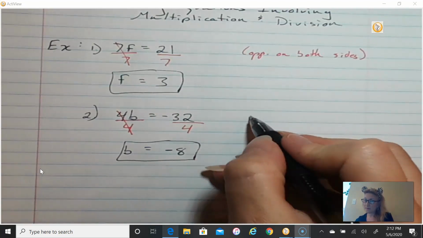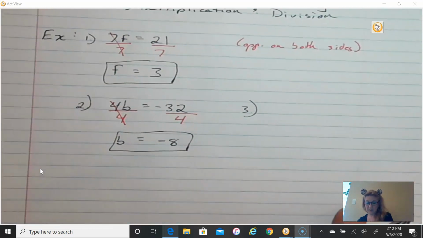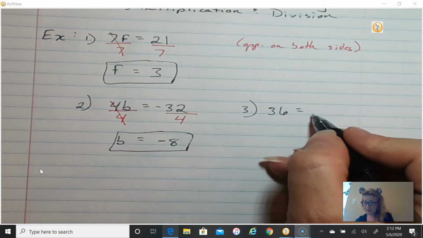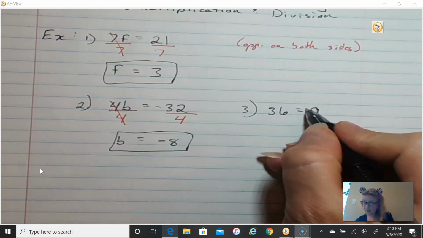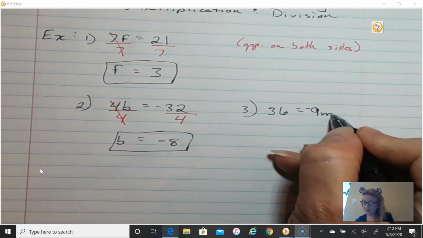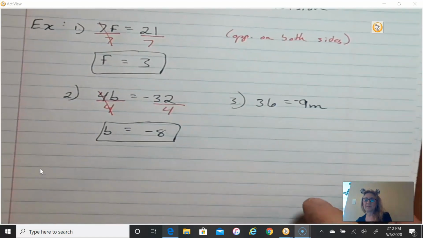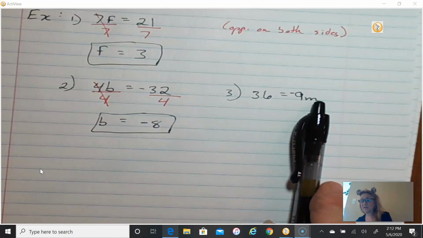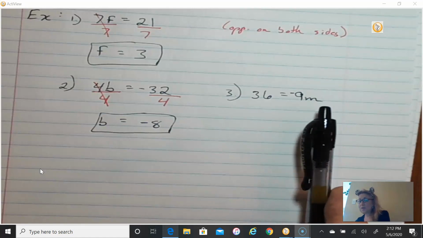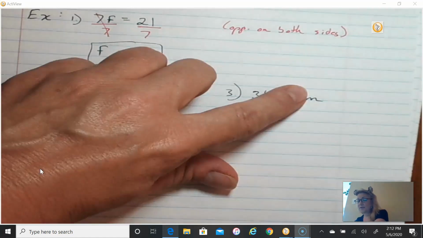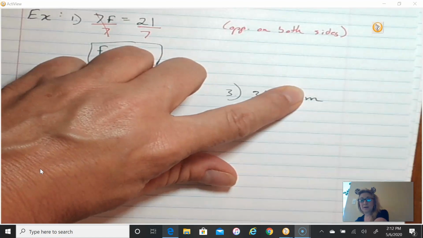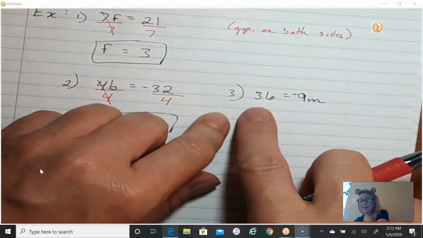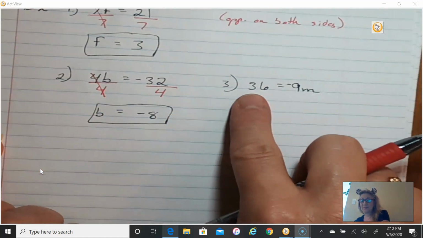Let's do another. 36 equals negative 9 times m. Okay? Yes, it's on this side of the equal sign, but it doesn't matter. We have to isolate the variable. We have to get the m all by itself, so we have to move that negative 9 to this side of the equal sign.